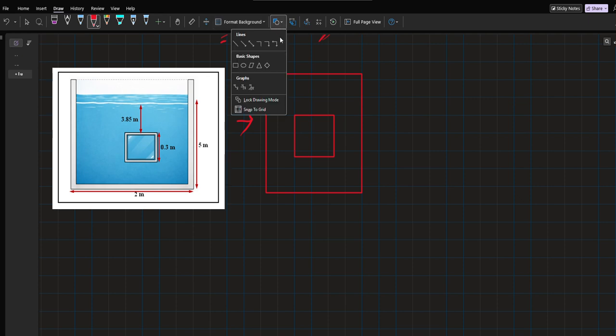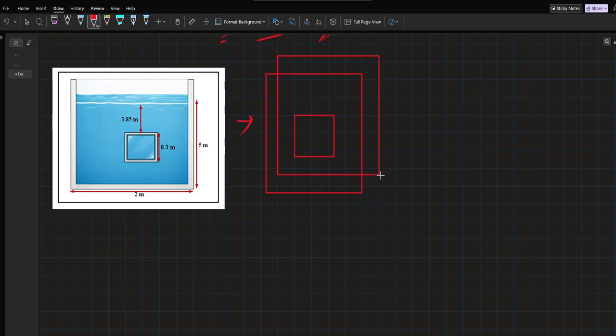Let me draw it in 3D. So yeah, it is something like this, right? It's a tank, it has some width. How will it look from this side?